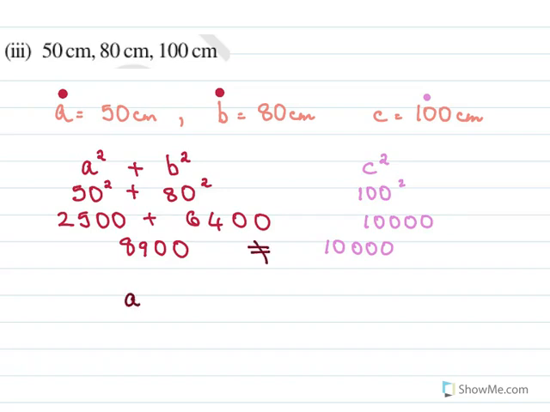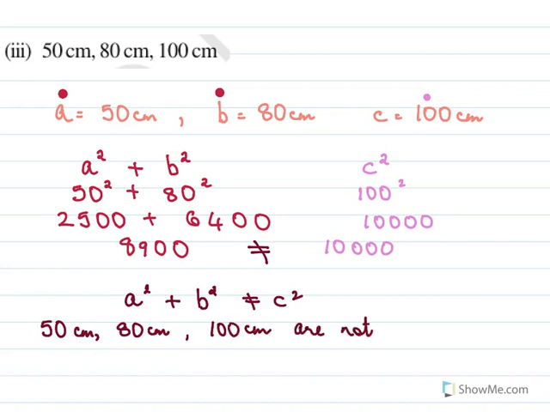So we see that A square plus B square is not equal to C square. So 50 centimeter, 80 centimeter, 100 centimeter are not the sides of a right triangle.